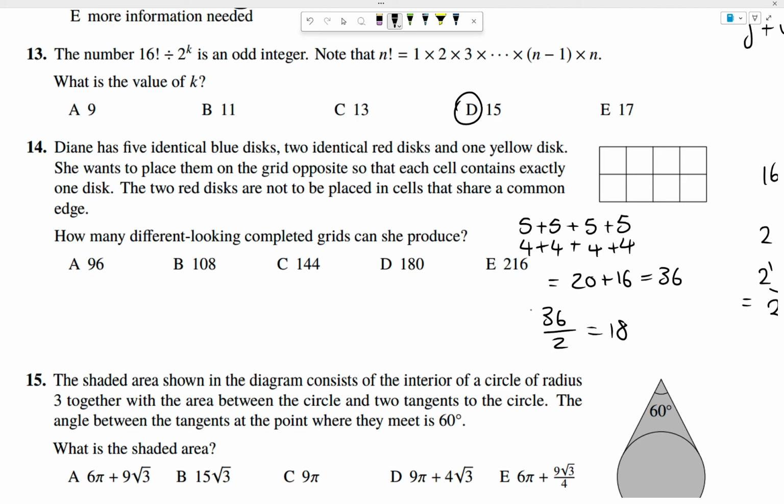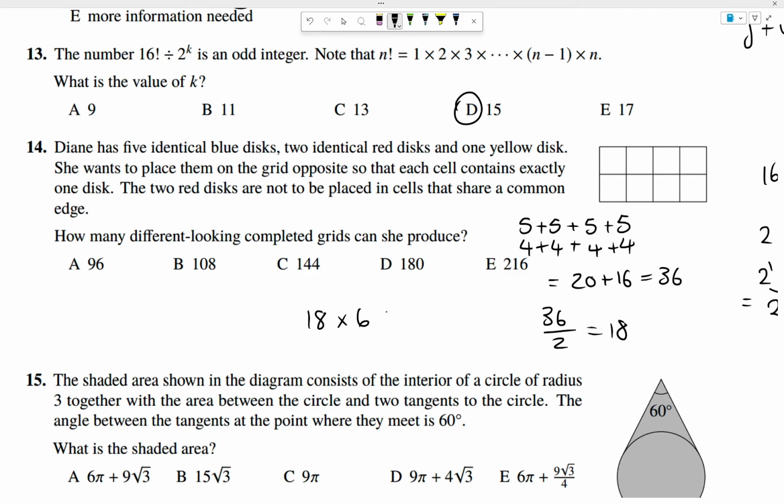If we've placed 2 of our red discs down, then there are 6 remaining squares. So once we place down the yellow disc in any of those 6 spots, the remaining 5 places must contain blue discs. So all we have to do is take our 18 and multiply it by 6.